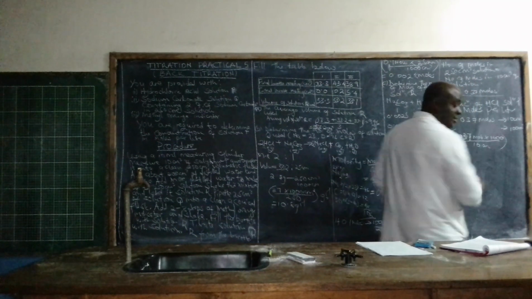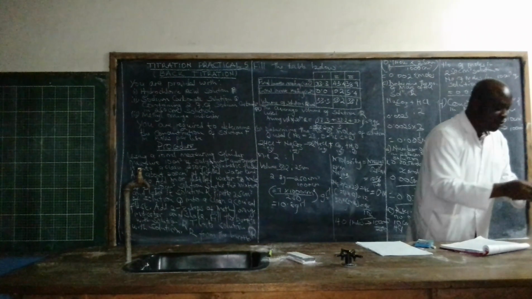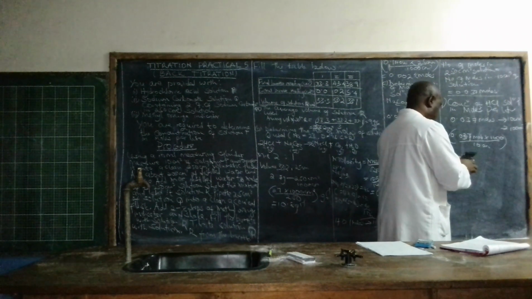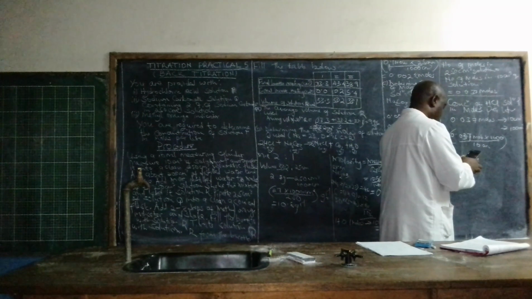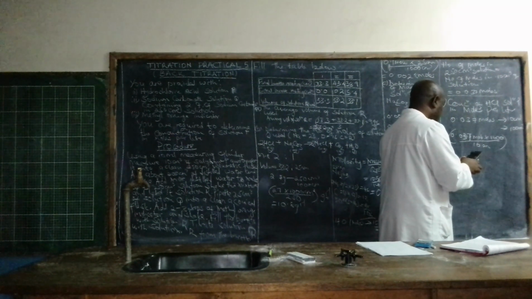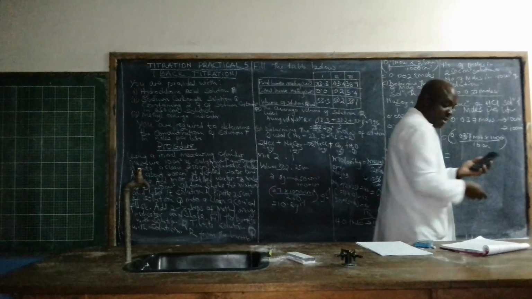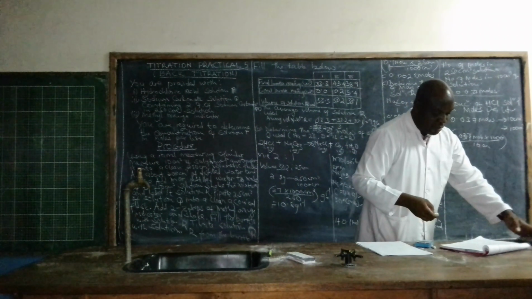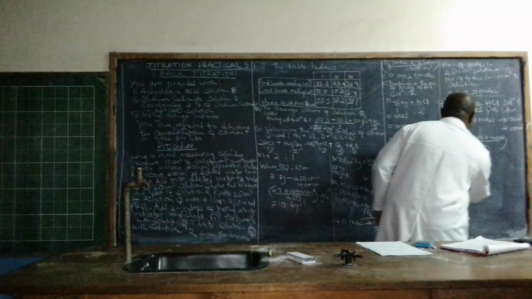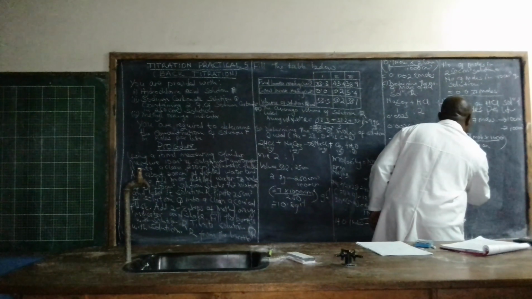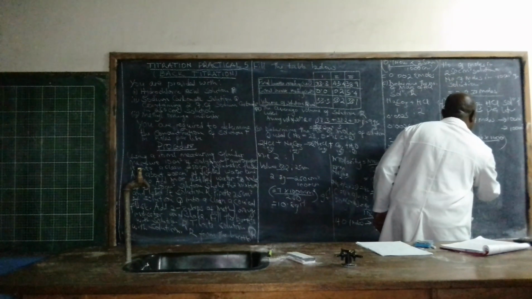If you do your mathematics properly, you are going to get 0.037 times 1,000 divided by 10. You are going to get the concentration as 3.7 moles per liter.